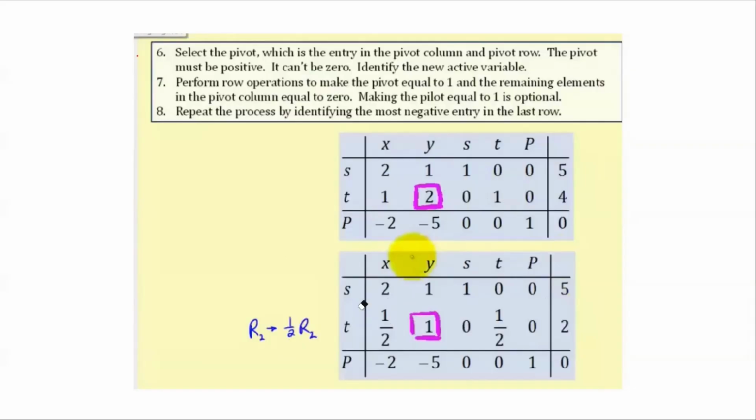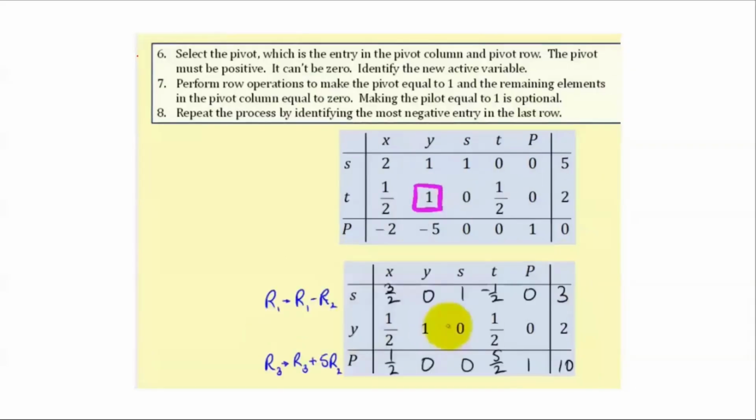So what do we do with this row and this row? Look at what happens. I take row 1, that's this row here, and I subtract it from row 2. I should say I'm subtracting row 2 from row 1.